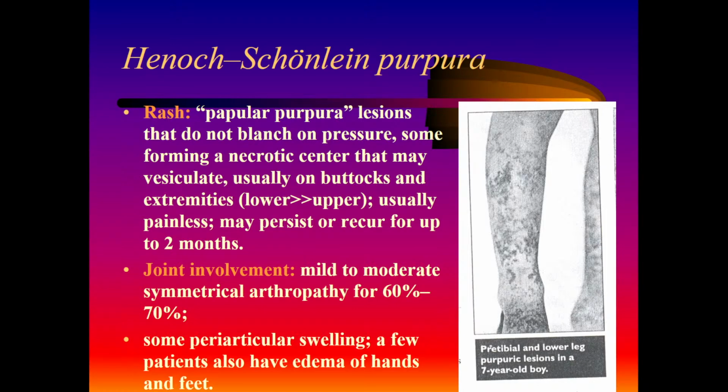Lower up, transfer to upper, usually painless, may persist or recur for up to 2 months. Joints: mild to moderate symmetrical arthropathy for 60 to 70%. Some periarticular swelling. A few patients also have edema of hands and feet.